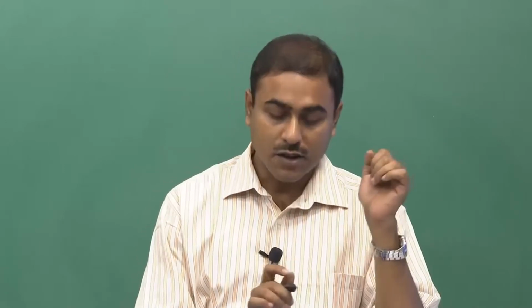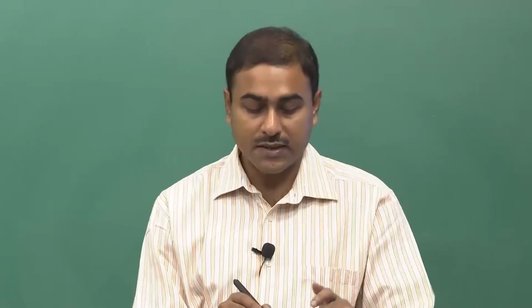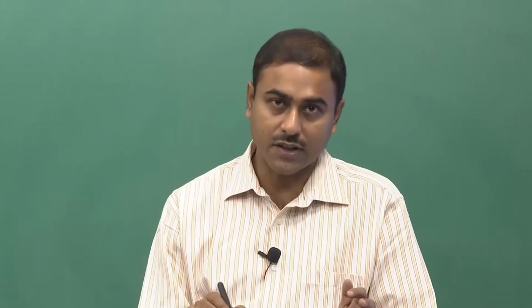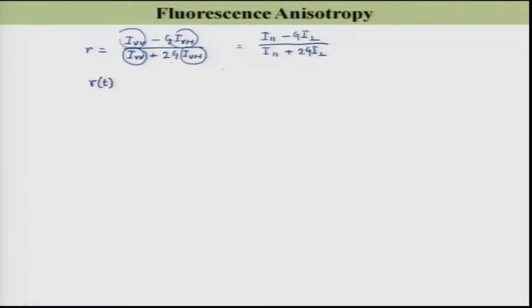Now if I want to measure the time dependency, having changed to CW mode, I want to come back to the time dependency. The equation r equals I parallel minus G I perpendicular over I parallel plus 2 G I perpendicular, I can simply write as a function of time. So r is a function of time: I parallel of t minus G I perpendicular of t, divided by I parallel of t plus 2 G I perpendicular of t.